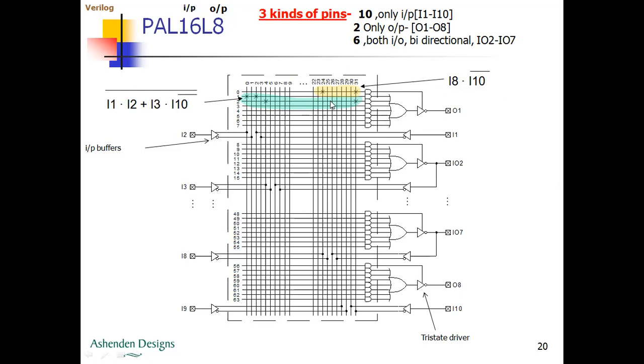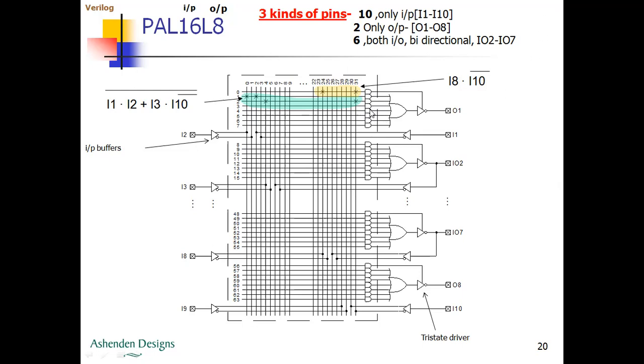So these horizontal lines represent the product terms, and at the end of each horizontal line you can find an AND gate, which means a product term will be formed.